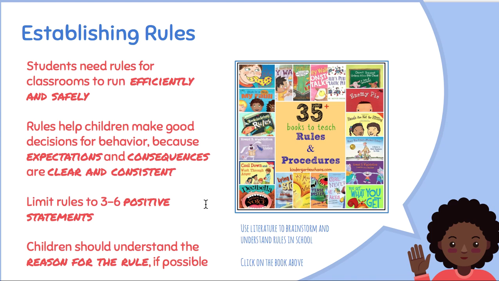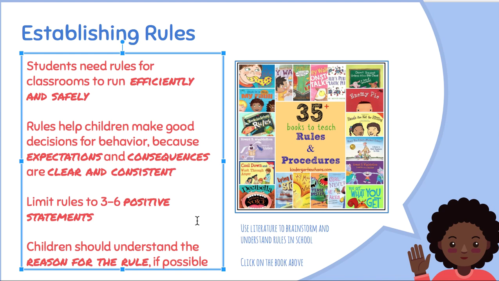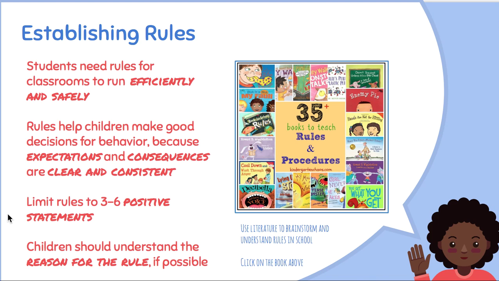Literature is something that's concrete, but you share it and you talk about it. So this is 35 books to teach rules and procedures. If you click on this, it will take you to a great link that will kind of spell out each of those and give you some great ideas to save for the future when you're brainstorming rules with a class of learners.